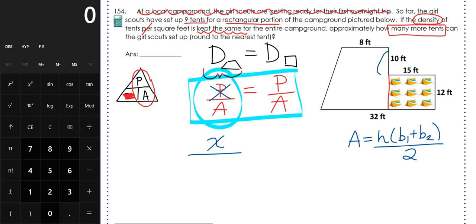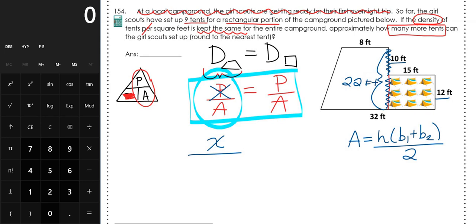Our height would be this entire vertical distance. So I have 10 for this piece, and then this piece here is 12. Same as that height on the right part of the rectangle. So in total, 10 plus 12 is a height of 22 feet. For that entire height, 22 feet.